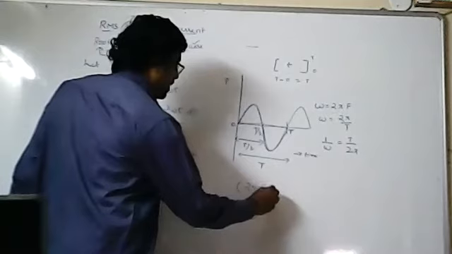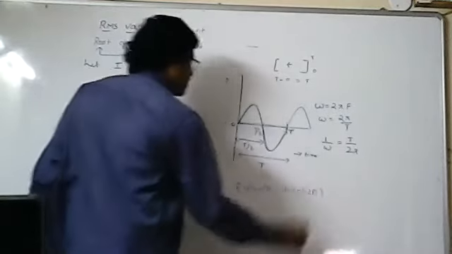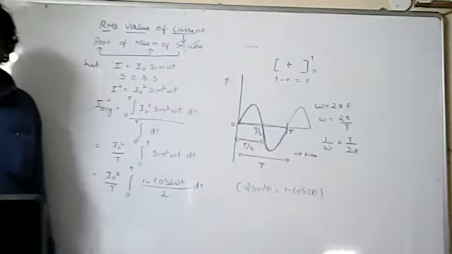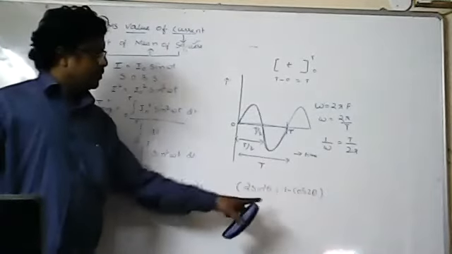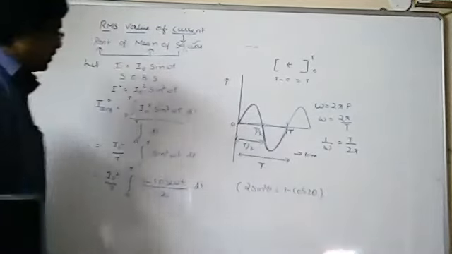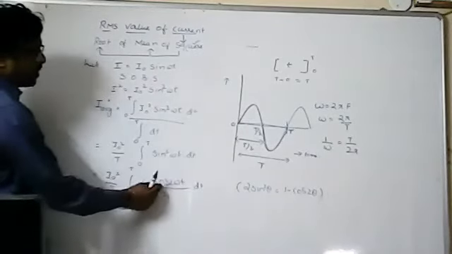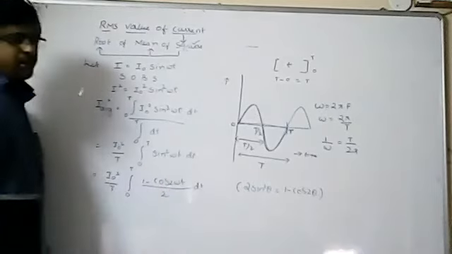2 sine square theta is equal to 1 minus cos 2 theta. So sine square theta will be 1 minus cos 2 theta by 2. The same thing I am applying, where this complete term is theta: 1 minus cos 2 omega t by 2.